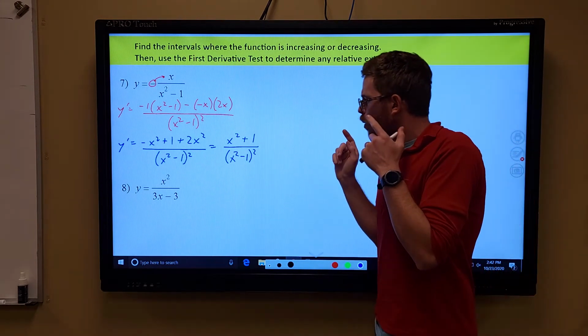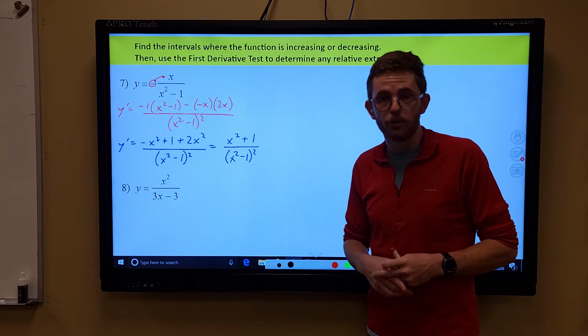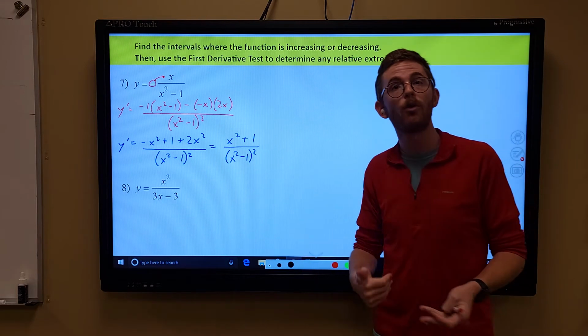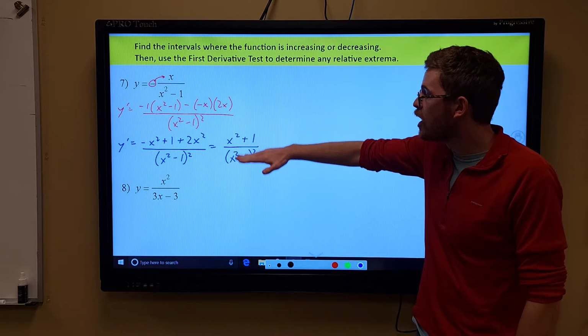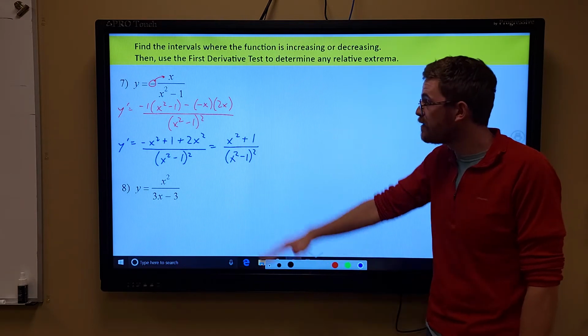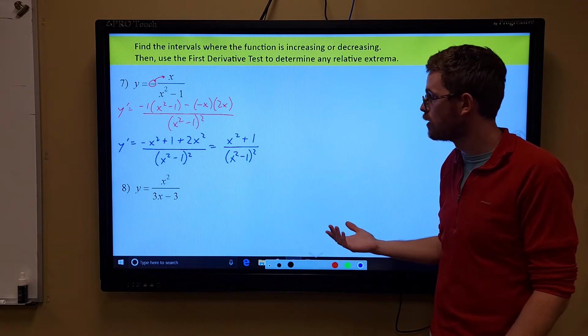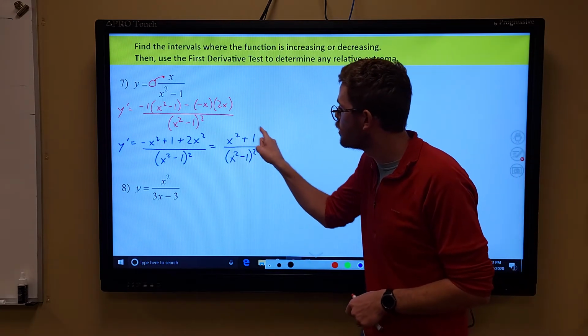So once I do have my first derivative, we're looking for critical values. Remember, critical values are when that first derivative doesn't exist or when that first derivative equals 0. Because we have a rational function, a fraction, essentially, a function equals 0 when the numerator equals 0.